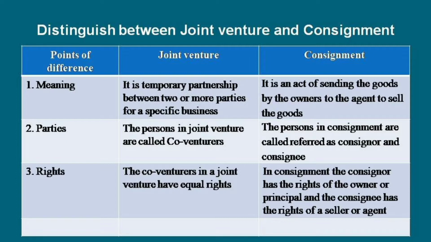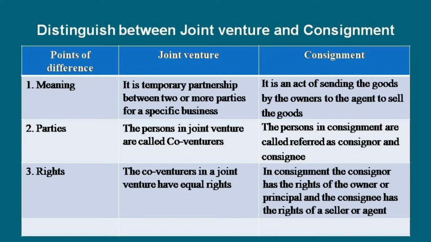Meaning: a joint venture is a temporary partnership between two or more parties for a specific business, whereas consignment is the act of sending goods by the owner to an agent to sell the goods.